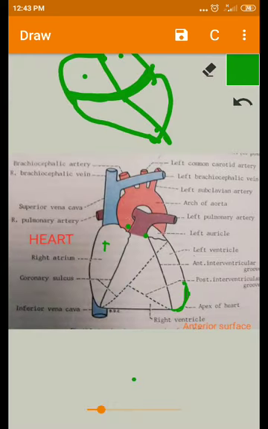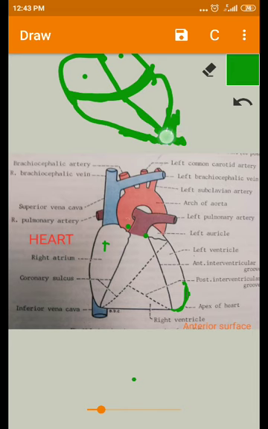Because the heart is obliquely placed, the atria are present somewhat posteriorly, and this part is anterior. So how is this apex directed? It is directed downwards, forwards, and to the left, like this.